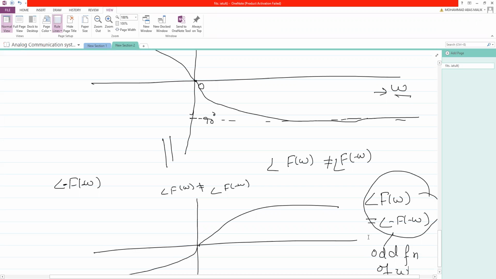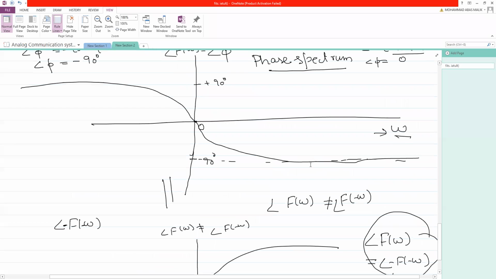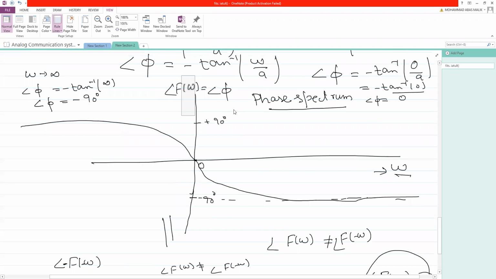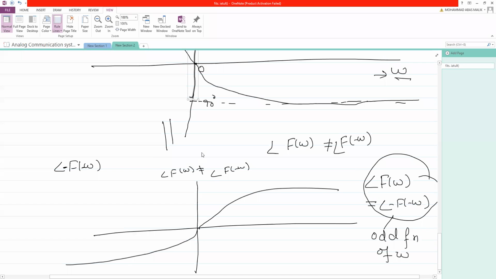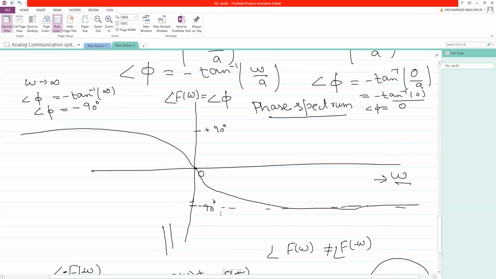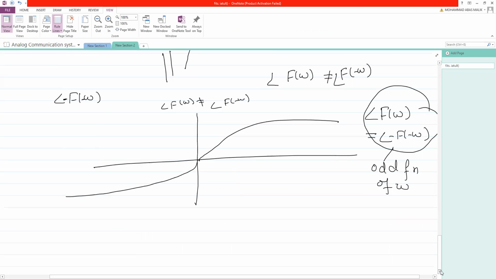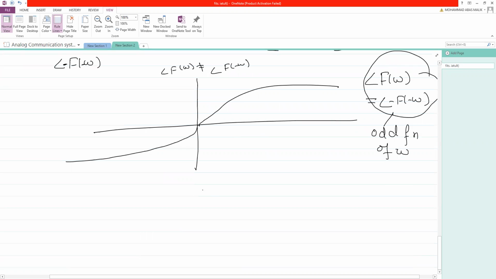Yes, sir. Anybody having any question, confusion? For this to be even, this should have been equal to this graph. But from the graph, you can conclude that these two graphs are not similar in shape, and hence this is not an even function. For odd, you have to proceed again by taking minus angle F of minus omega.